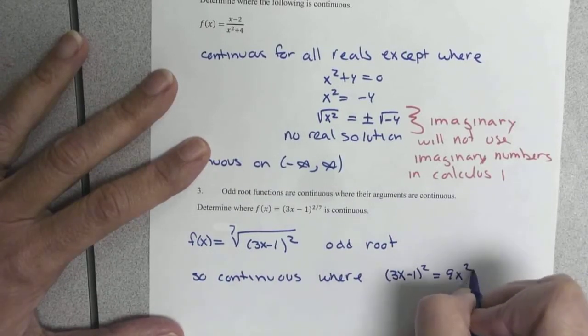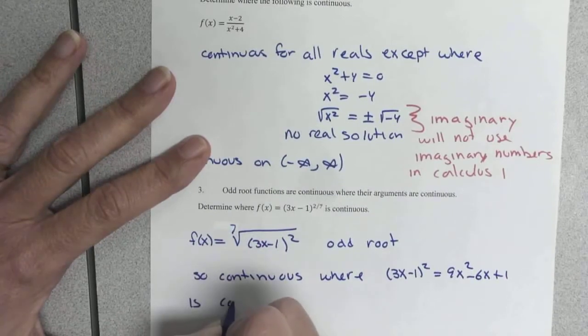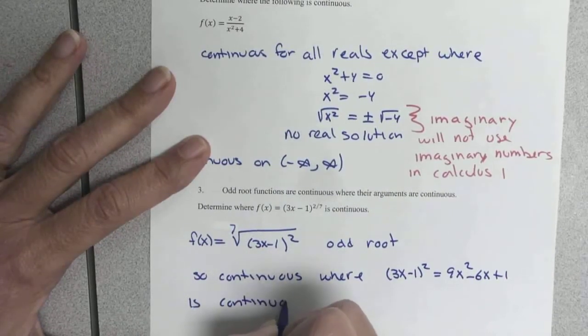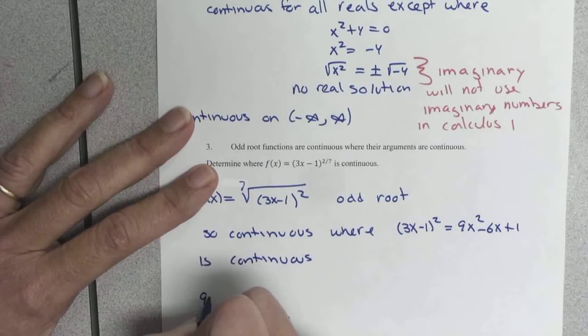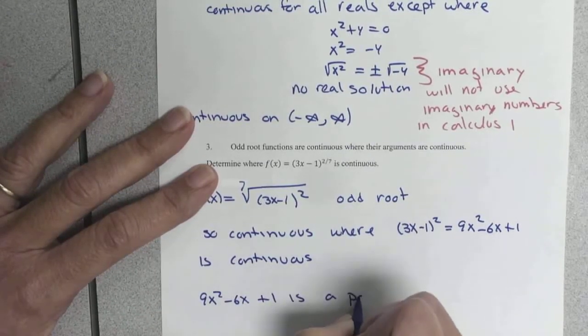And what if I FOIL that out? That's going to be 9x squared minus 6x plus 1 is continuous. Well, 9x squared minus 6x plus 1 is a polynomial.